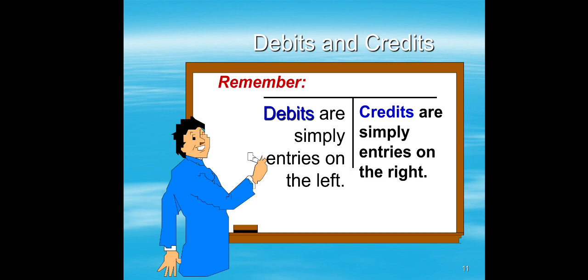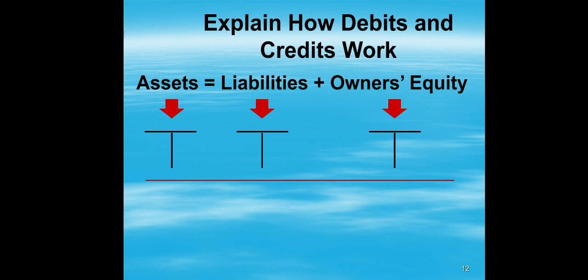When we say that you have to record in the debit side, it means that you have to record the transaction in the left side. When a person says that you have to credit an account, it means that you have to record the transaction in the right side. Okay, this is the rule of debit and credit.